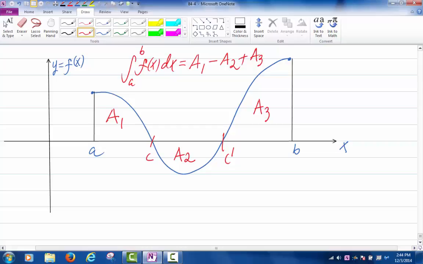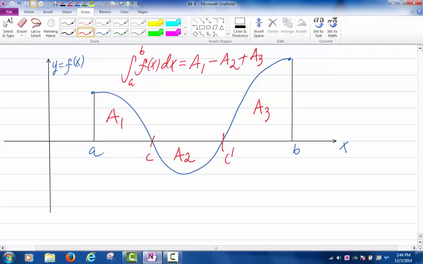But this is a continuous function over the interval from a to b. What does the definite integral of f from a to b represent? Well, what it represents is the following.